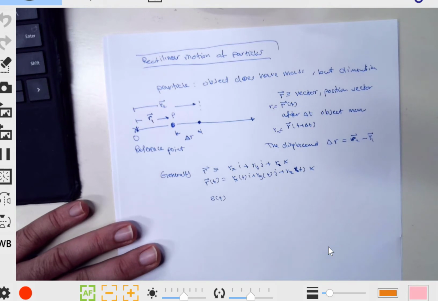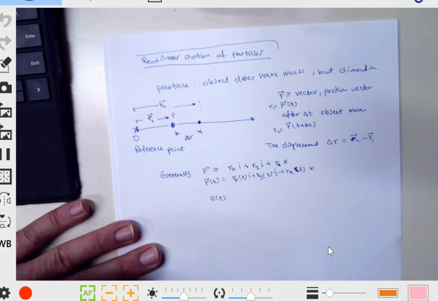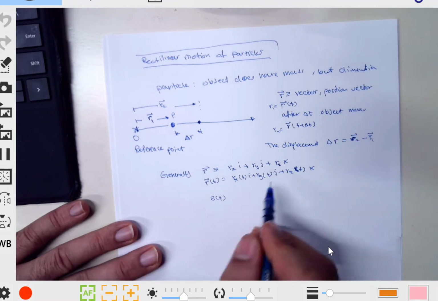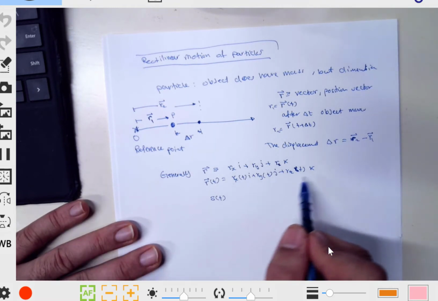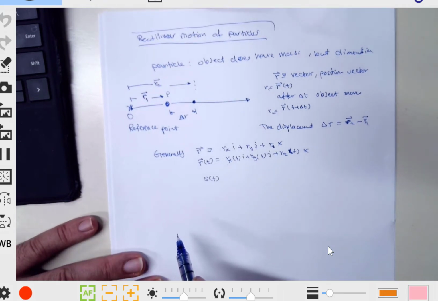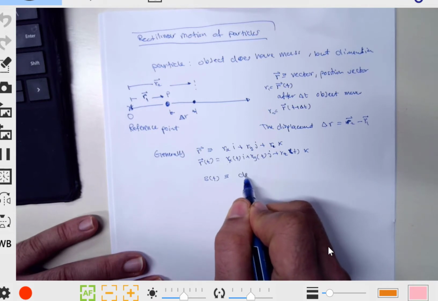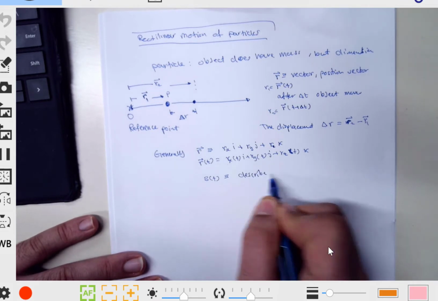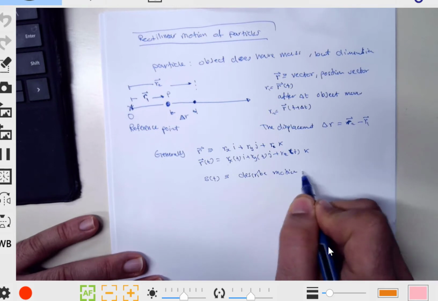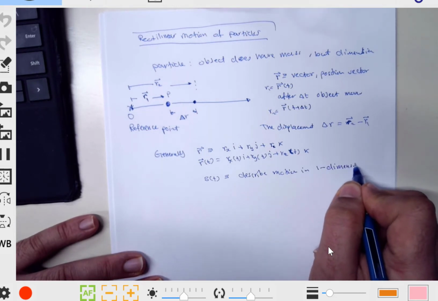Why are we doing this? Because we only have one component, which is known here to be in the direction of one of these components. So let me put this together in a simpler form. So this describes motion in one dimension, right?